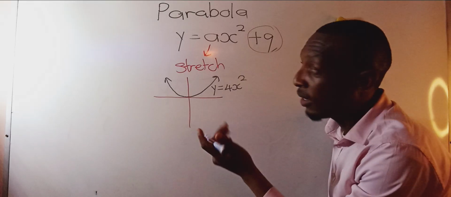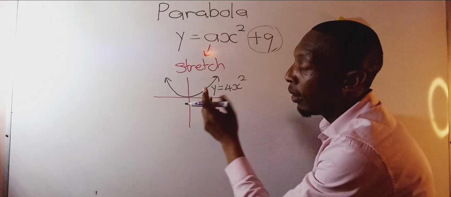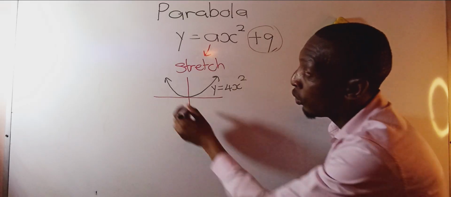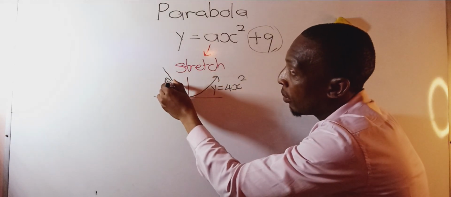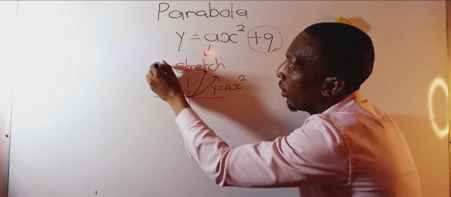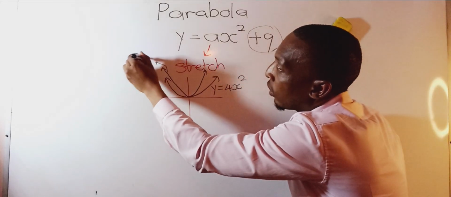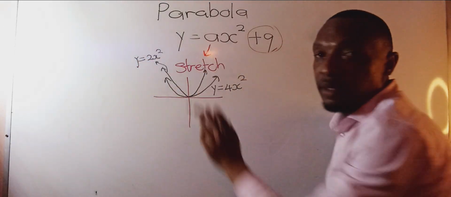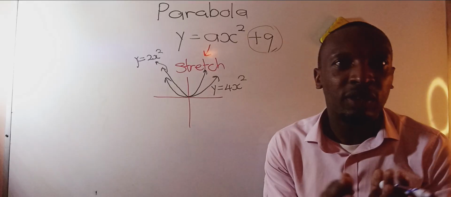Can you guess what y = 2x² would look like? Of course, it would look something like that, thinner. So now y = 2x². The a tells me how wide or how narrow the graph is.